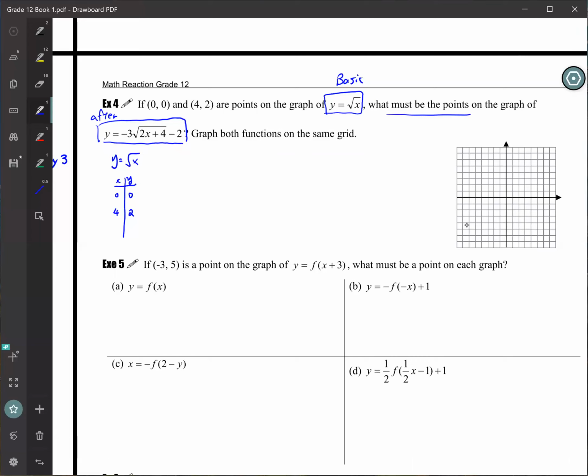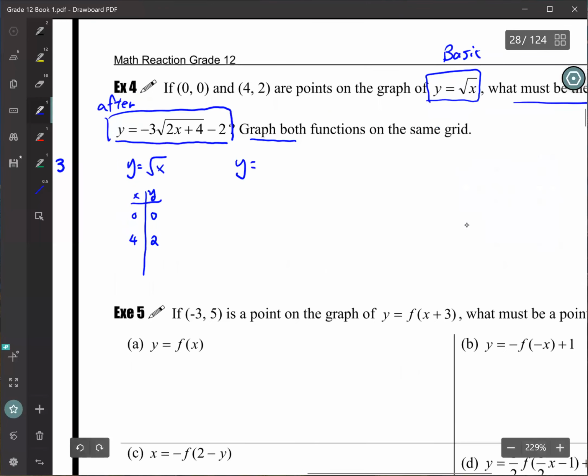After you figure out where the points are, we will graph both of them. So we want to get the table of values for the new one. The square root only covers to negative 3, 2x plus 4 minus 2.